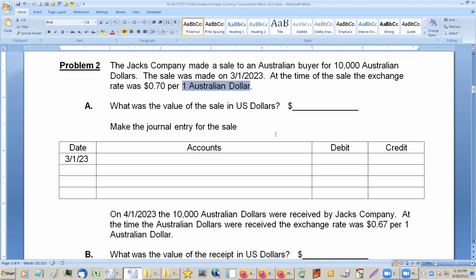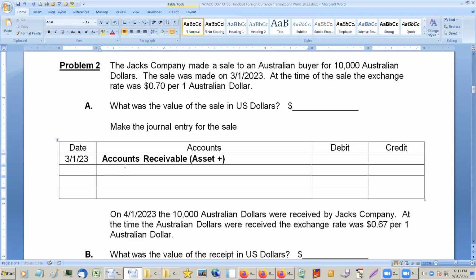Okay, so we have to put the accounts on the books. So we're going to have an accounts receivable, an asset going up for some amount.